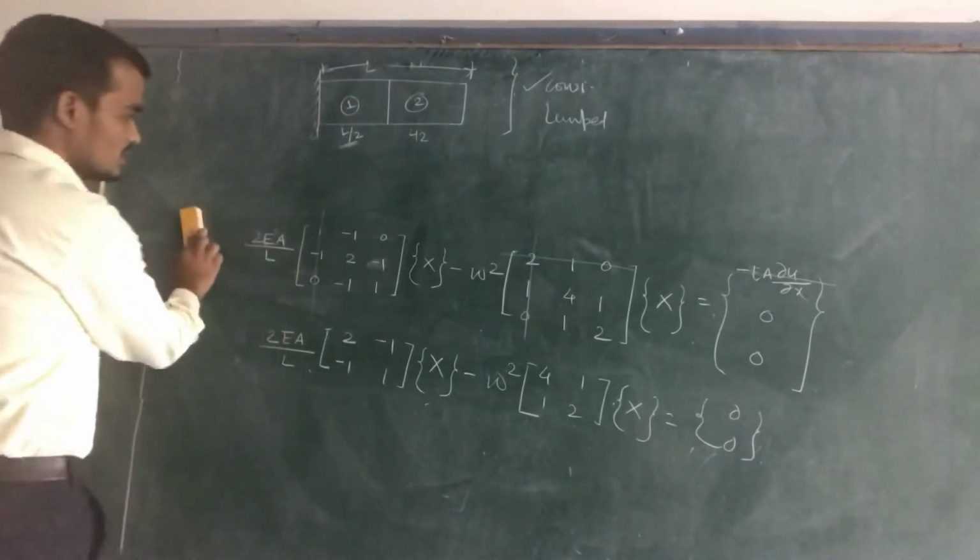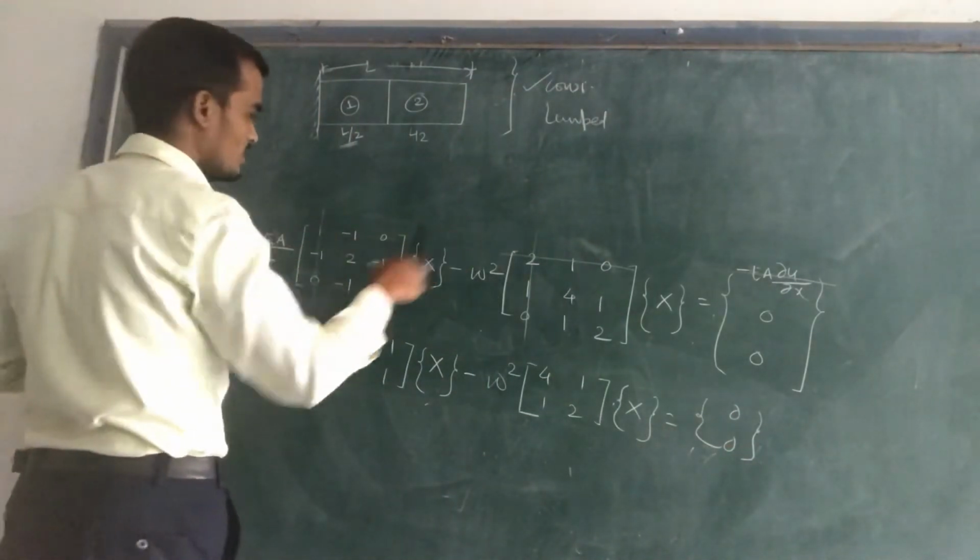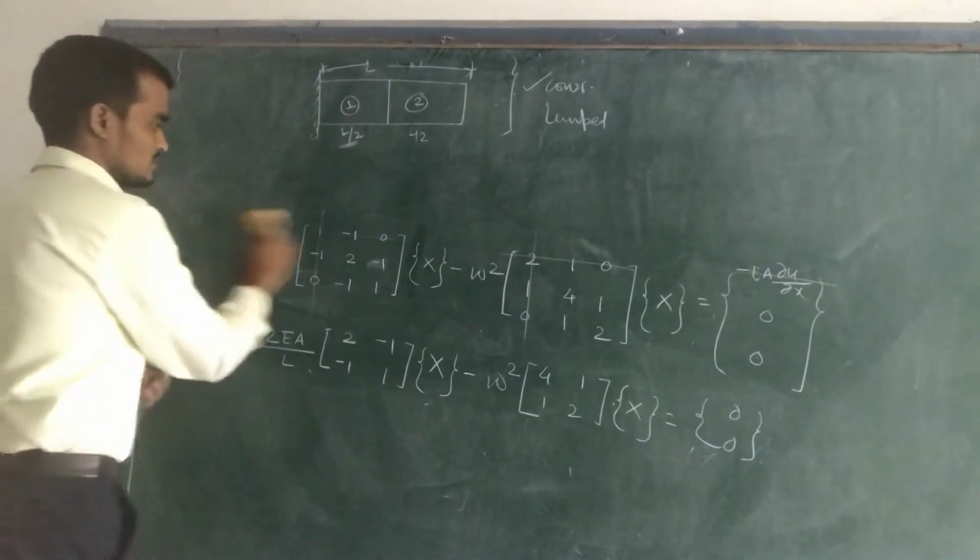Okay, so in this way we have eliminated the first row and first column, and we have written the remaining terms.